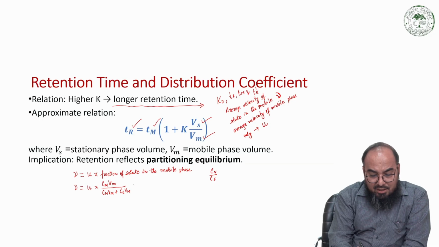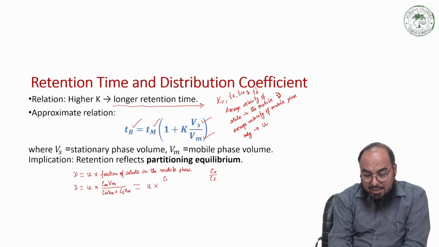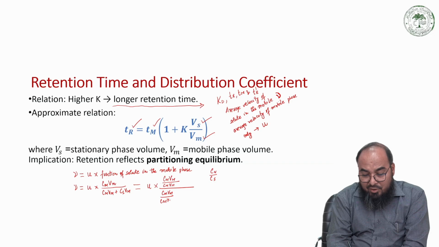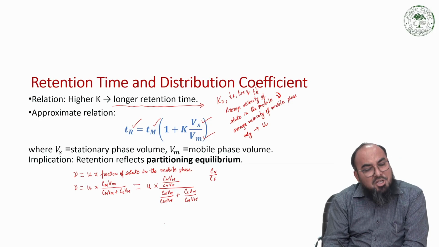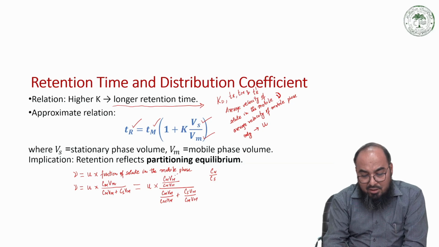Now if you take this and solve it, you can divide by CmVm upon CmVm, divided by CmVm upon CmVm plus CsVs upon CmVm. Okay, this is the relationship. What we have done is divided with the similar quantities. So this gets cancelled with this, giving you 1.